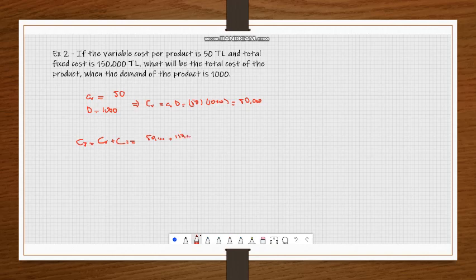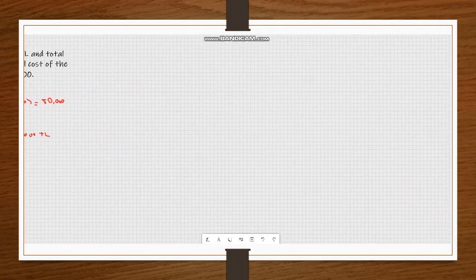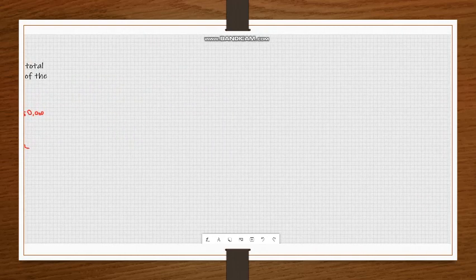Again, the total cost for 1,000 units is 200,000 Turkish lira. All right, the second example is also done. So let's go to the third example.